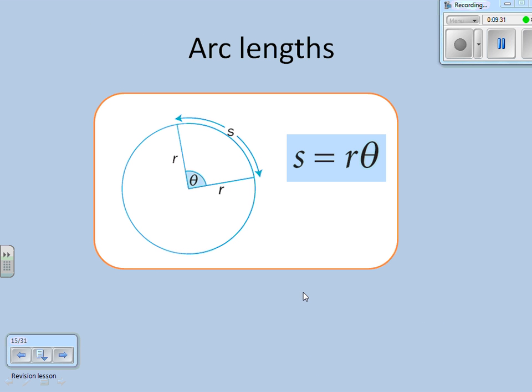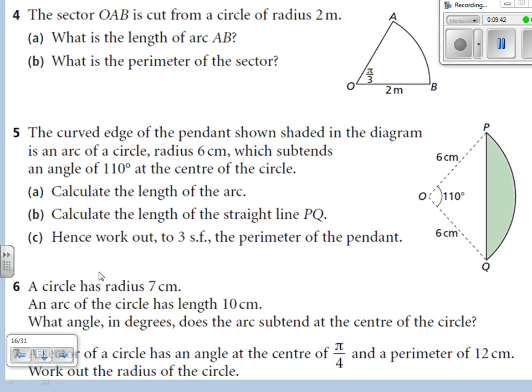That's where that formula comes from. The arc length is just the angle in radians times the radius. There's an exercise you could try.